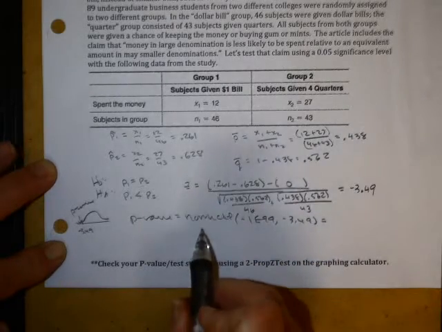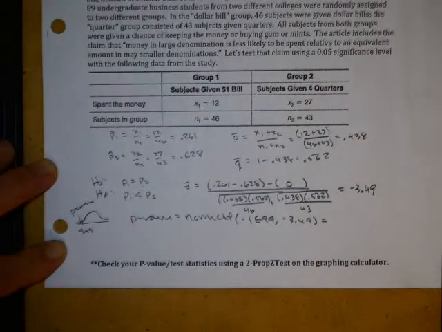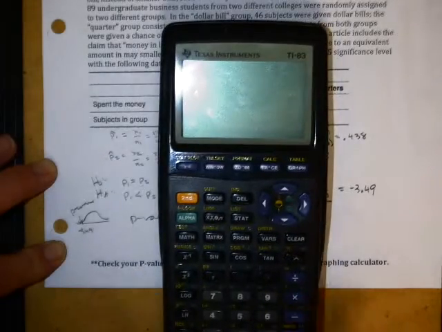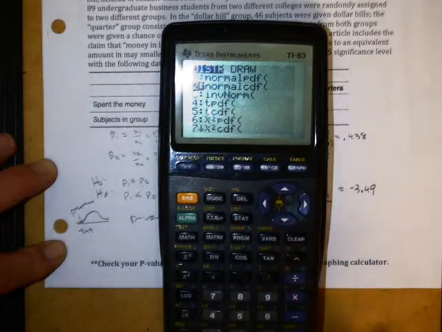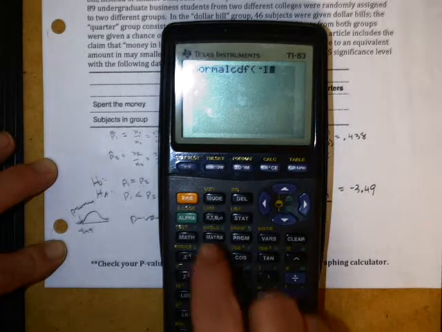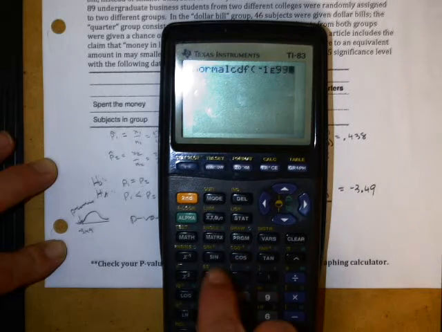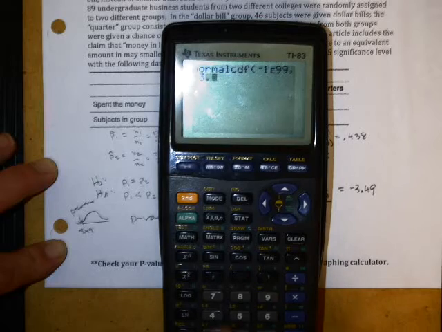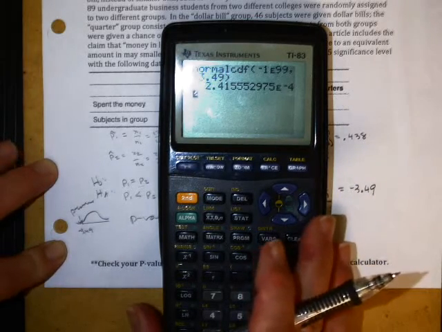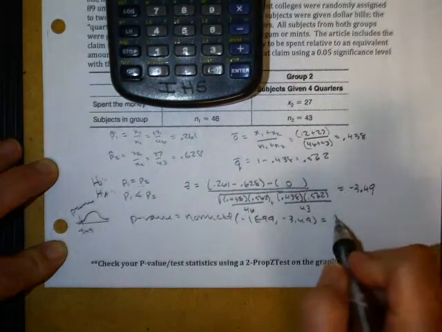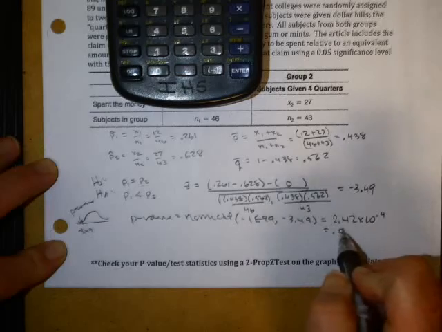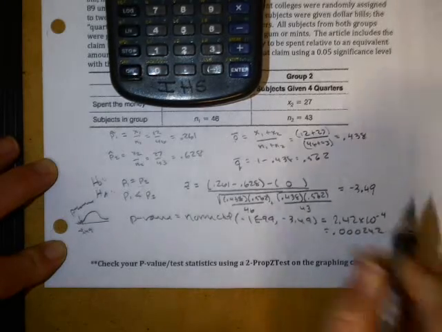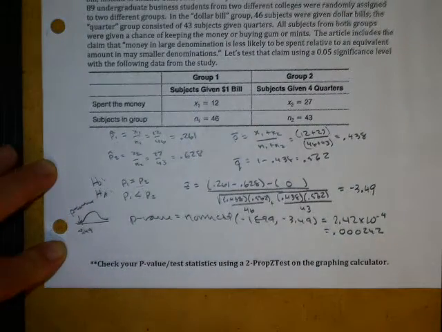So using your calculator, you would do second vars, norm CDF from negative infinity to negative 3.49, and you get a p-value of 2.42 times 10 to the negative 4. That's 0.000242. So it's a very small p-value.